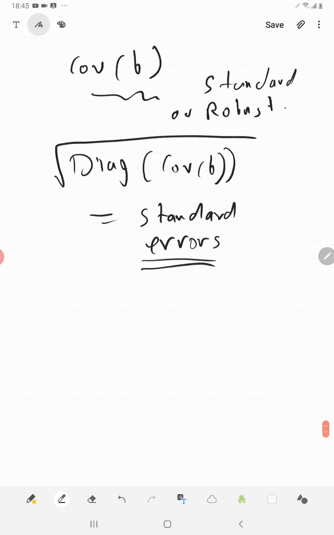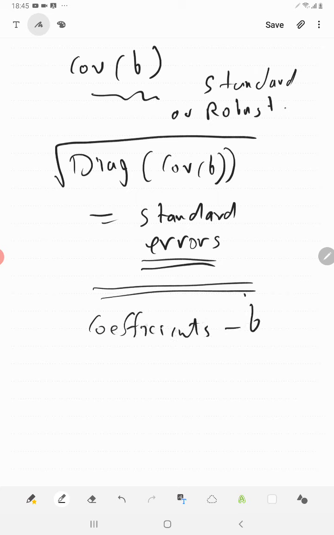Now, how do we know whether the coefficients we calculate are good enough or not in statistics?